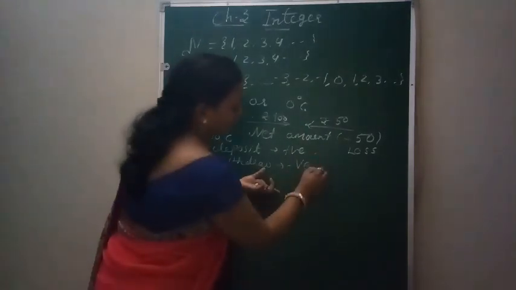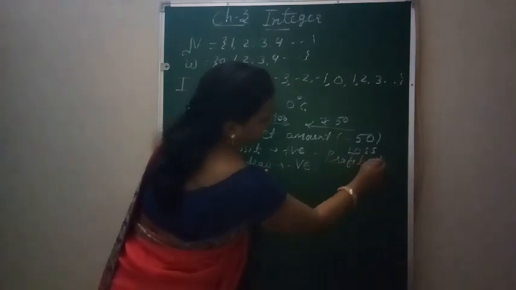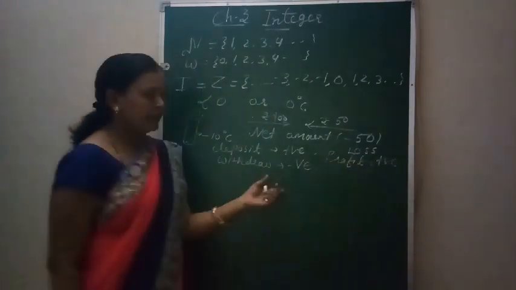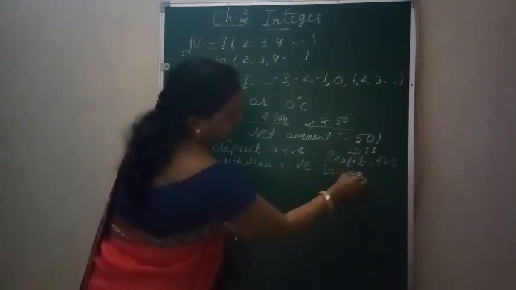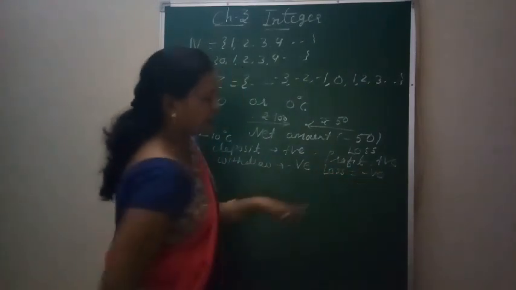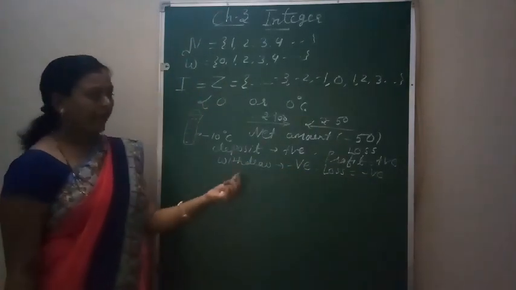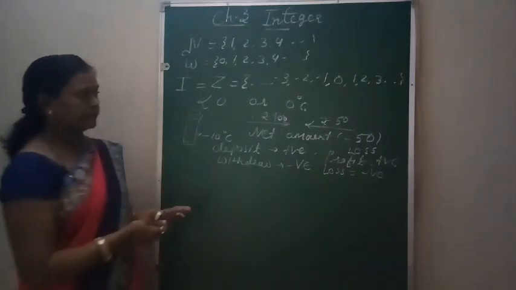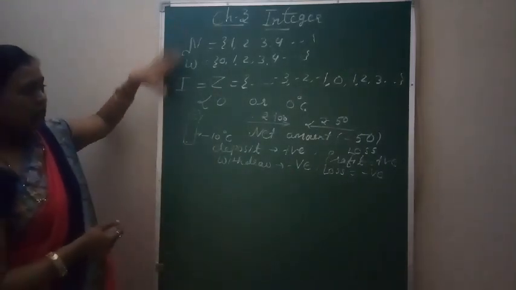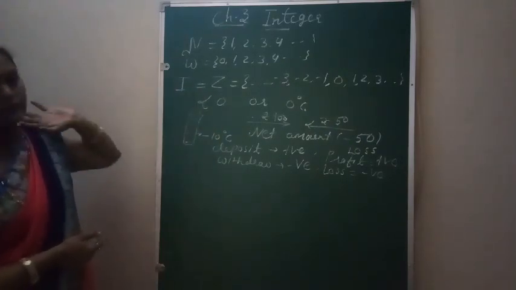When we talk about profit we represent it by positive integers, and when we discuss loss, we represent loss with negative integers. There are so many examples in our day-to-day life. These are the uses of integers.